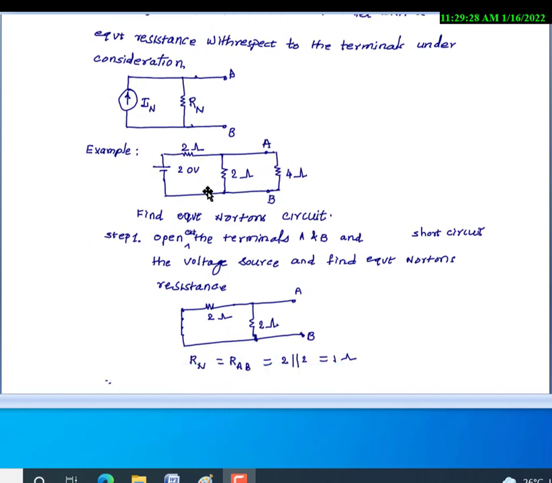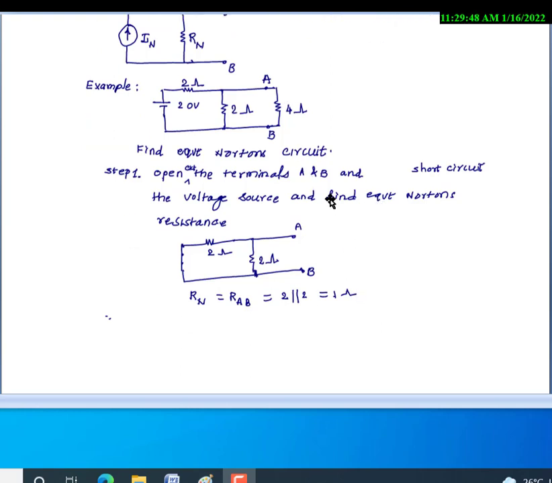So this is the 20 volts supply connected to the 2 ohms resistor like this. Here 2 ohms and here is 4 ohms. To find the Norton's equivalent circuit with respect to the A and B terminals, first open circuit the terminals A and B, and then short circuit the voltage source, so that we can find out the Norton's equivalent resistance.